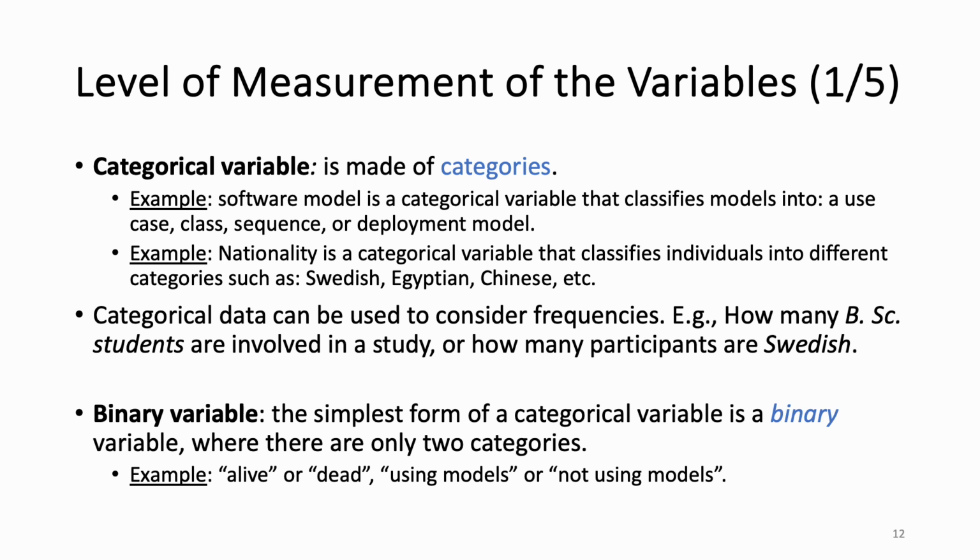For example, if you have participants involved in a study, and you would like to understand how many bachelor students are involved in that study, then you only consider the bachelor students category. Of course, you might have other categories like master students or PhD students, but you are interested in knowing how many bachelor students are involved in that specific study.